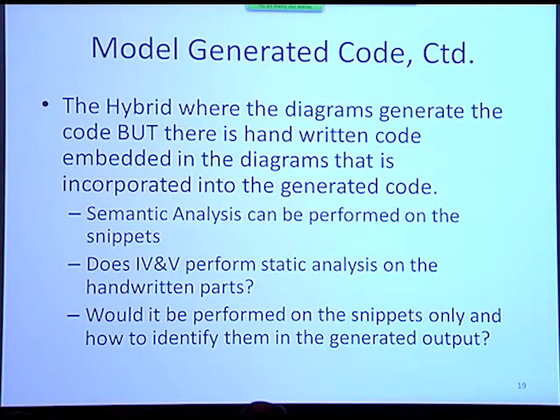In the case that I'm working on now, it's kind of half and half, in the sense that all the functionality is in Rhapsody, but you can embed handwritten code inside the Rhapsody models that can get sucked into the actual code that comes out the other end. And one thing we haven't figured out is how to identify the stuff that's really written by hand versus the stuff that the generator put out.